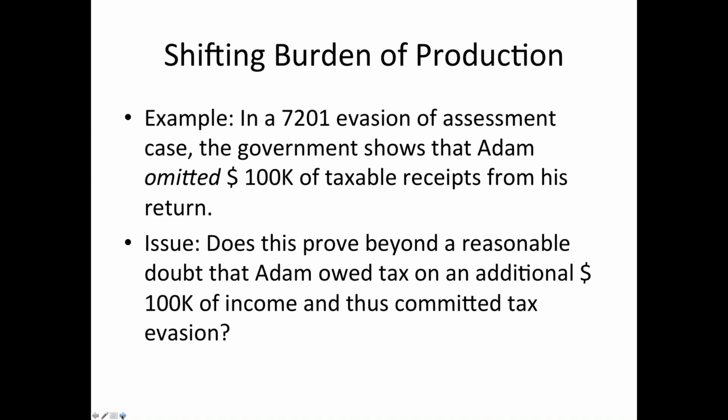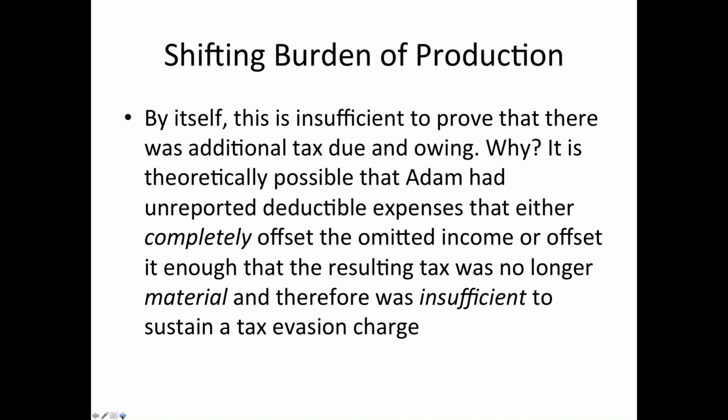But when dealing with a tax crime, the taxpayer defendant is able to raise a number of defenses. And that is especially true when it comes to tax evasion. And as discussed here, it's possible that a forensic accountant might be able to, through some digging, discover some unreported deductible expenses that either completely offset the omitted income or, and this is very important to understand, offset it enough that the resulting tax deficiency was no longer material.